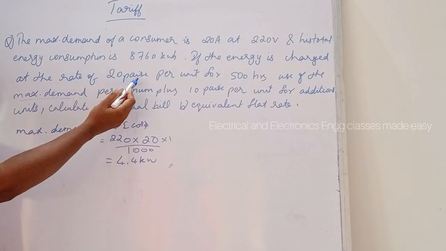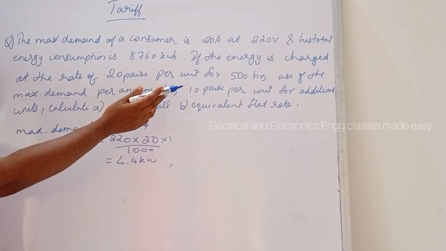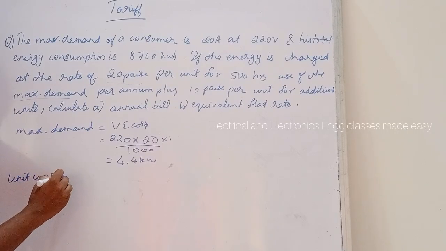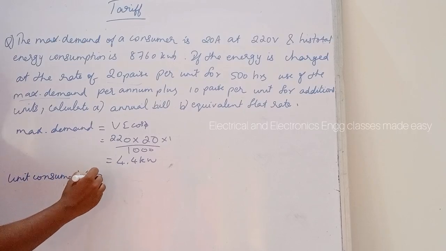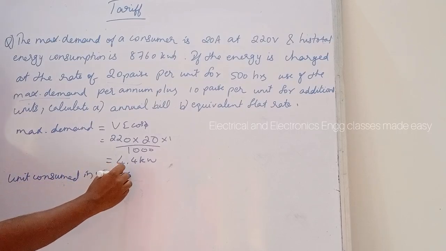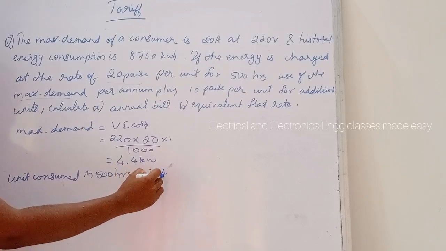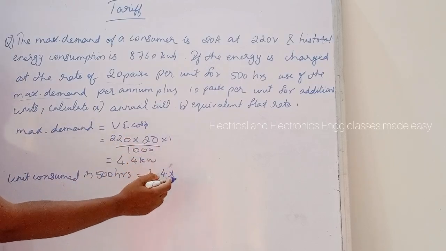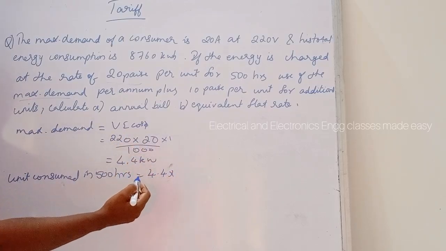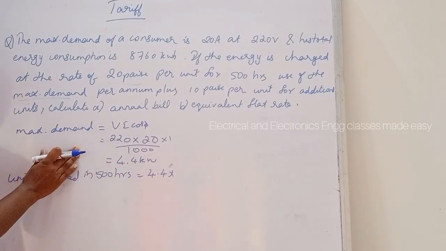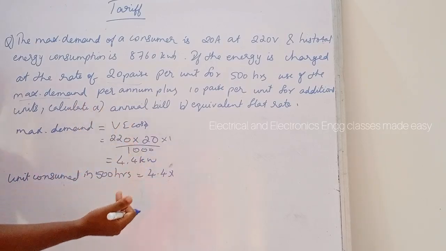Now it is given that 20 paise per unit for 500 hours of use. So units consumed in 500 hours is equal to maximum demand into load factor into hours.